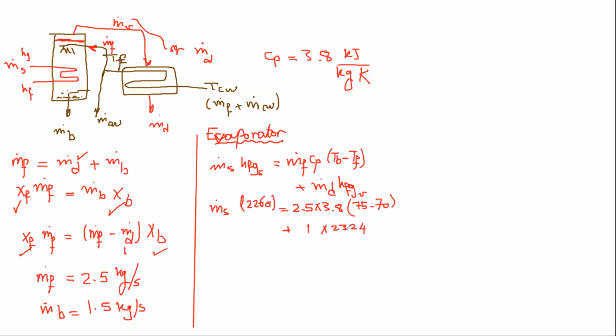How many unknowns we have in this equation? One. Accordingly, we can calculate the value of m dot s. Badr, you have a calculator? Can you tell us what's the value of m dot s?